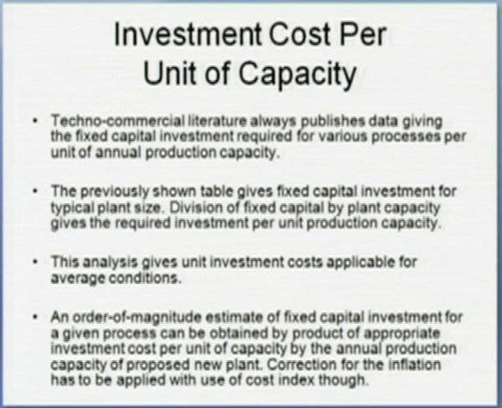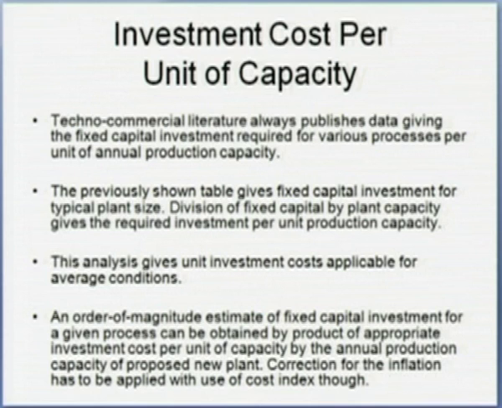The techno-commercial literature always publishes data giving the fixed capital investment required for various processes per unit of annual production capacity. The previously shown table gives the fixed capital investment for typical plant size, the table which I had shown earlier. The division of fixed capital by plant capacity gives the required investment per unit production capacity, and this analysis gives unit investment cost applicable for average condition.